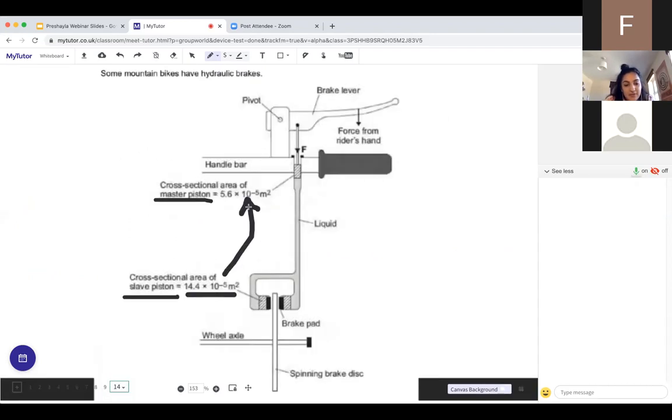Well, because we have a bigger area, the force is larger. So if the force on the slave piston is larger, the area of the slave piston is greater than the master piston.